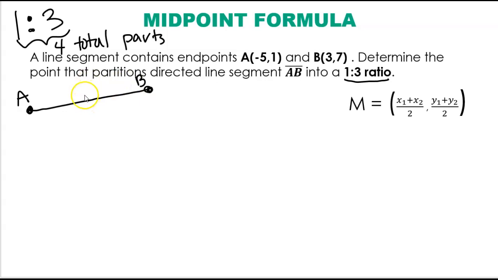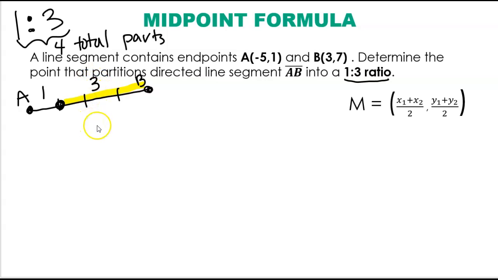So with a total of 4, we could split it in half, and then split each one of those halves in half. So now we have it divided into 4 parts, okay? Now we want the line segment A to B to be split with a ratio of 1 to 3. So this would be our 1, and then notice these 3 parts here would be our 3.